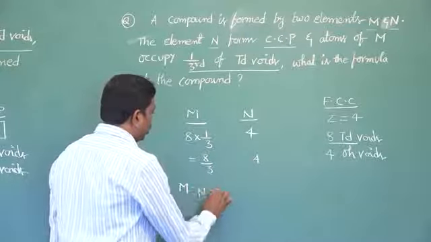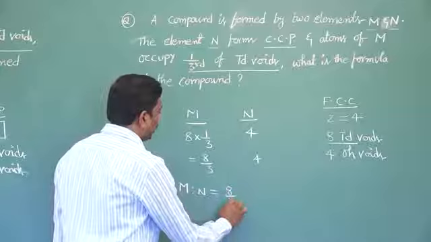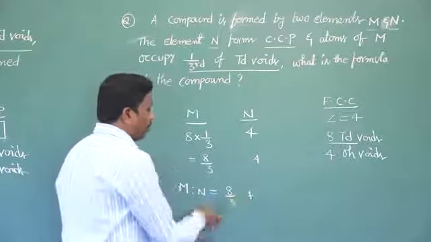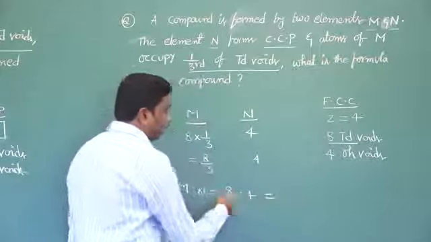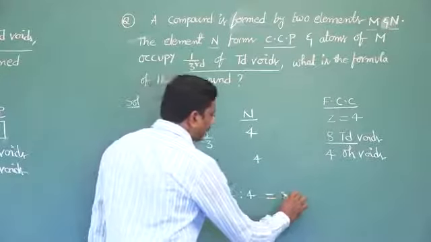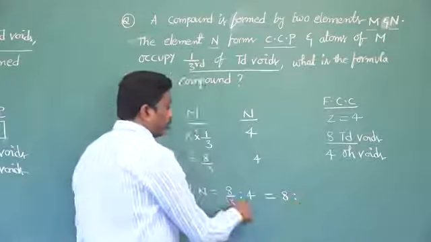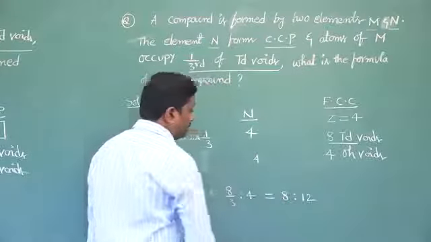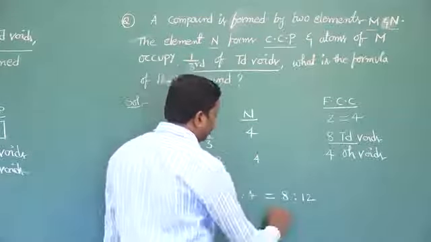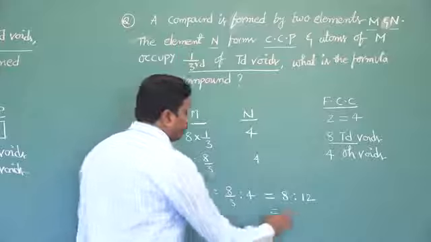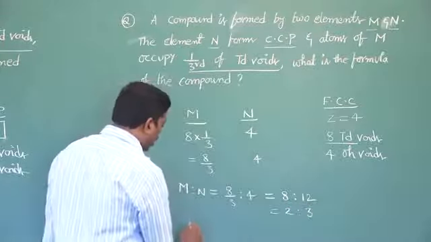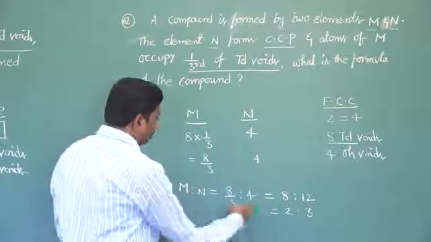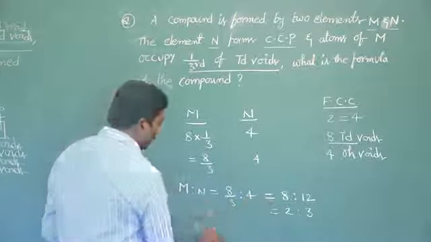So M is to N equal to 8/3 is to 4. To avoid fractions, multiply this entire ratio with 3. Then this 3 will cancel. So 8 remains, 3 into 4 is 12. Again on simplification, divide by 4, 2 is to 3. Then what is the formula? M2N3.